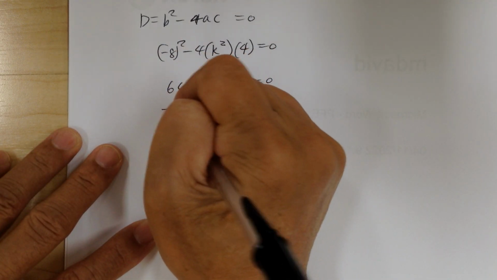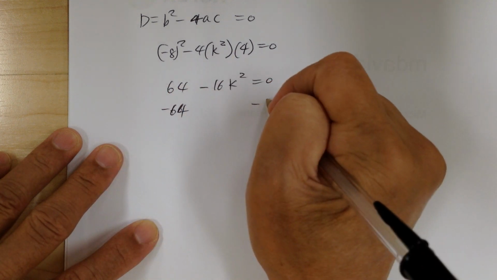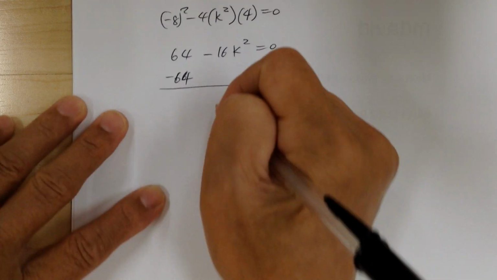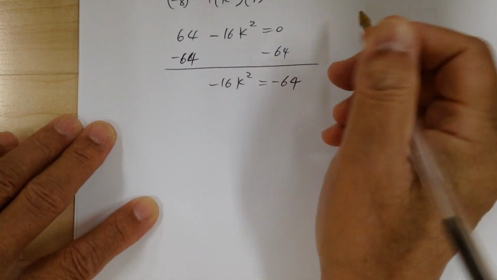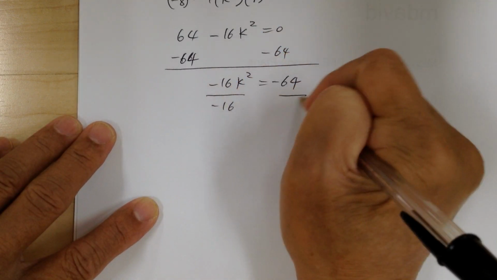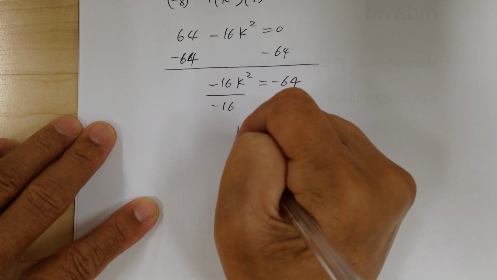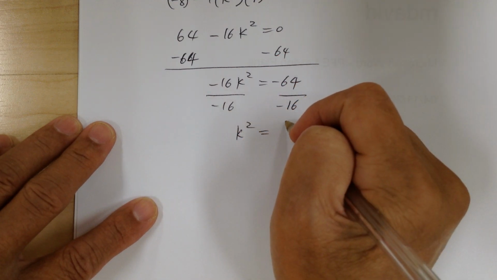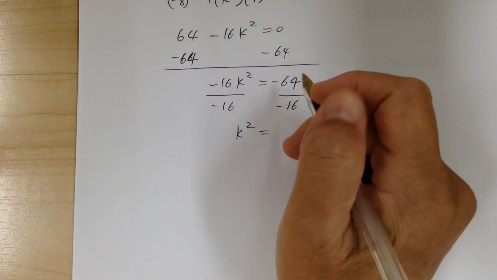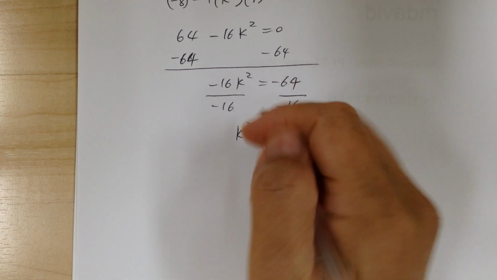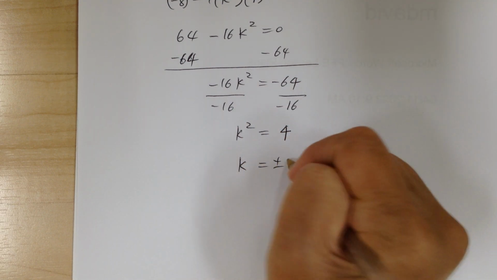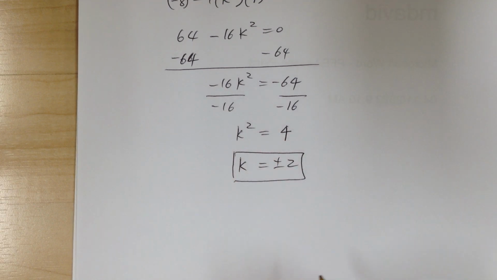So minus 64 on both sides. So you got negative 16k squared equal to negative 64. Divide by negative 16. So k squared equal to 4. You take the square root. So k will equal plus or minus 2.